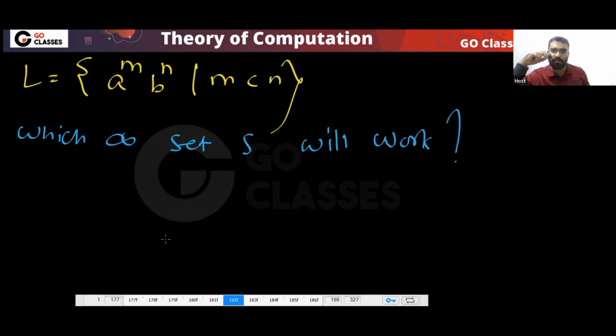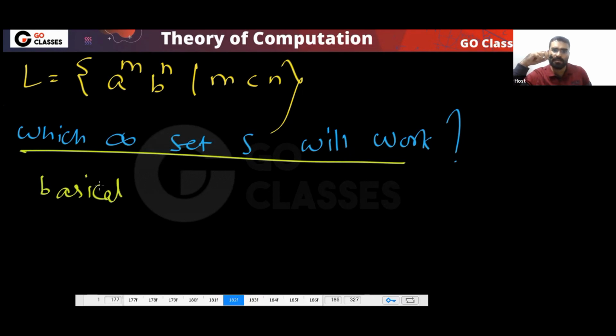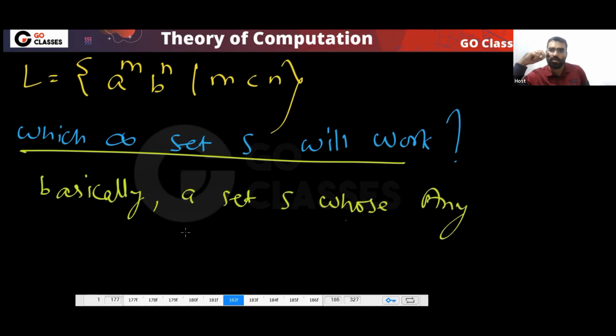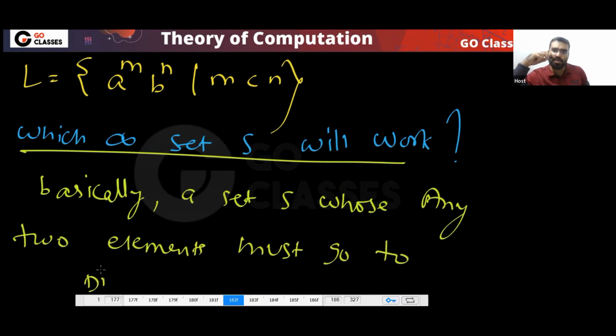Basically, what I want to ask is: a set S whose any two elements must go to different states.